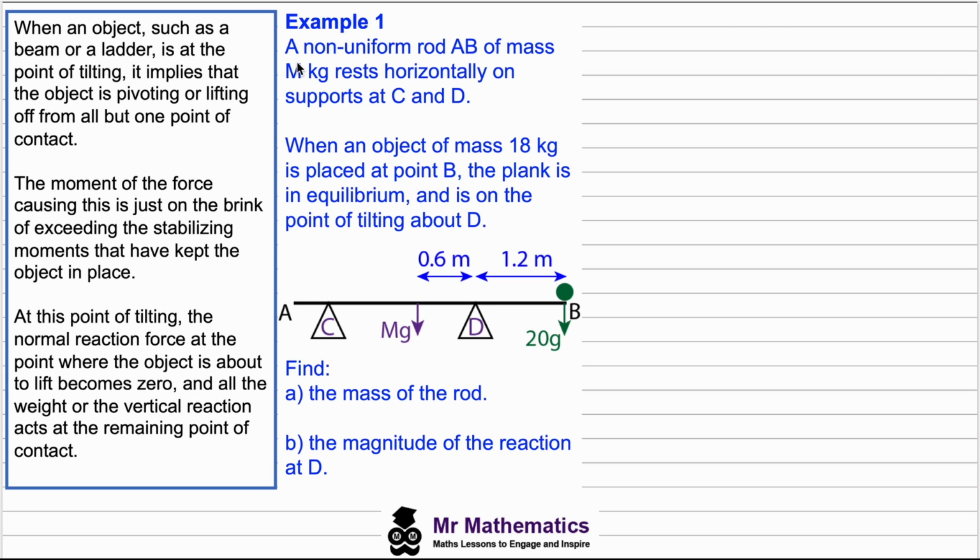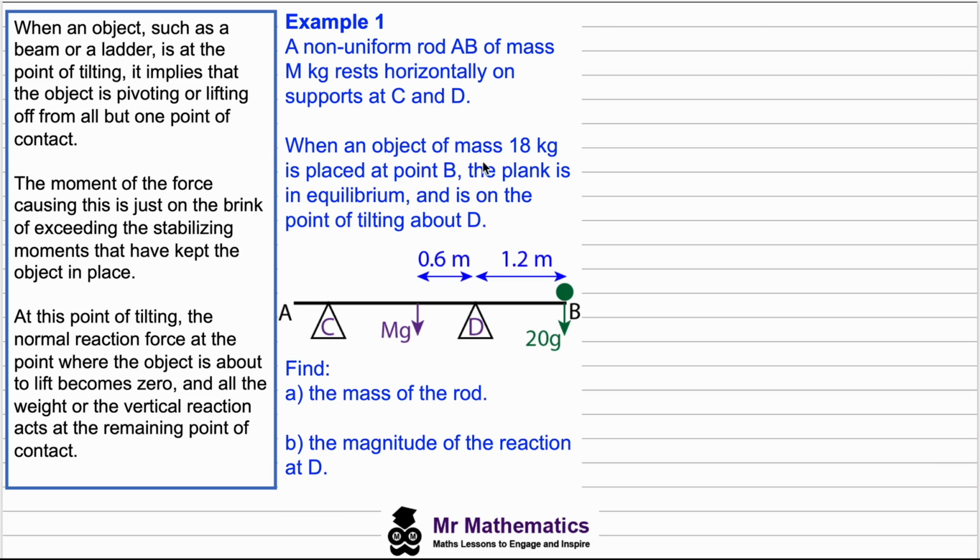Okay, so in example 1, we're told that a non-uniform rod AB of mass m kilograms rests horizontally on supports C and D. Because it's non-uniform, this means that the weight of the rod will not be acting in the center. So we're told this mg here may not be the center of this rod.